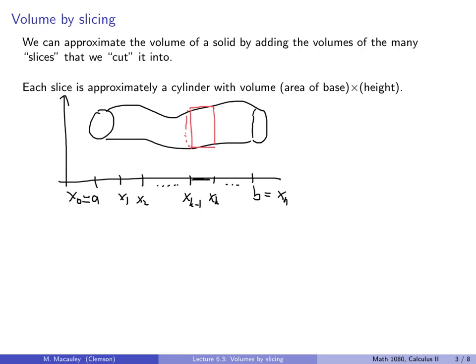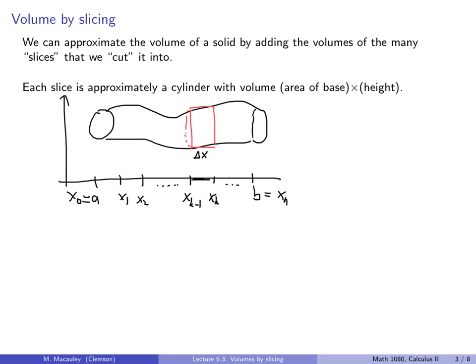The volume of this cylinder is just the area of the base. It's on its side, so this is the base, and the height is going to be this piece right here, which is delta x. So let's say that this width here is delta x.